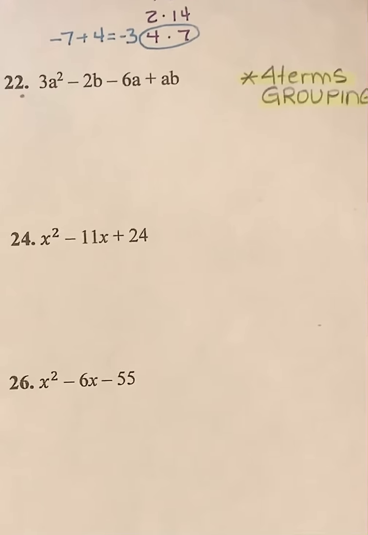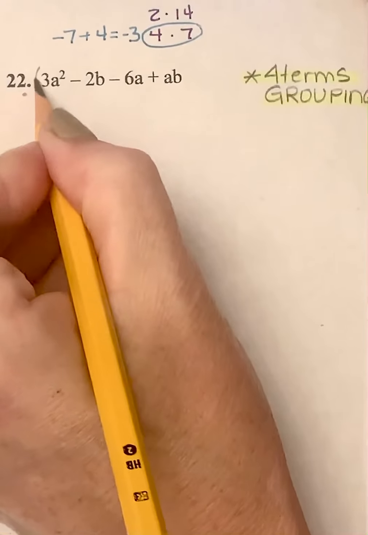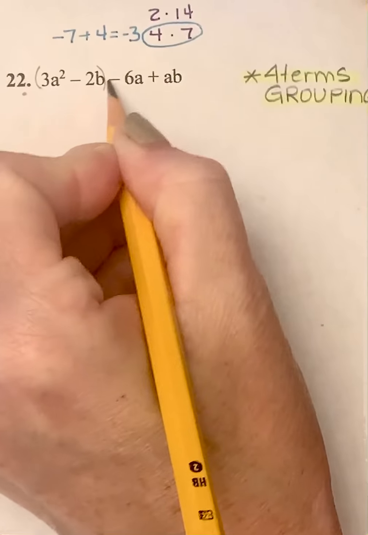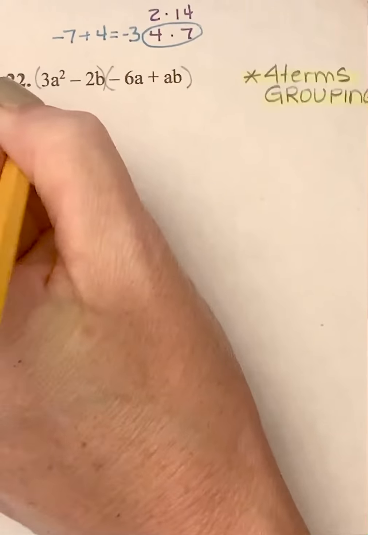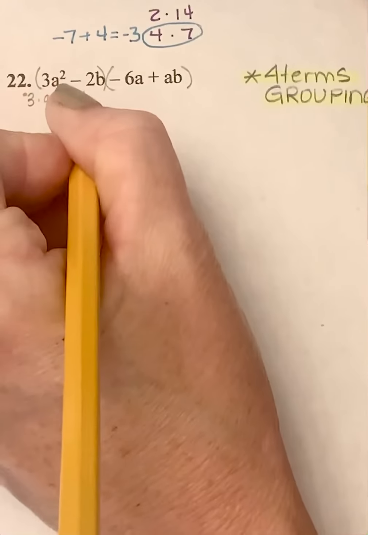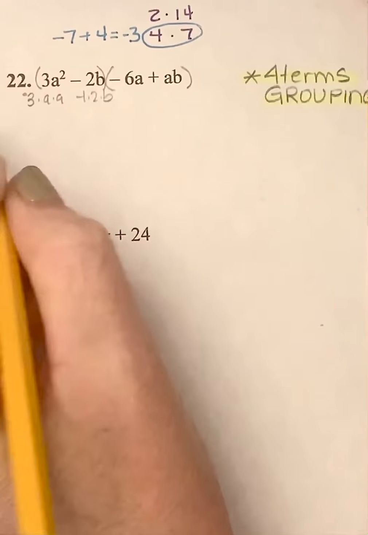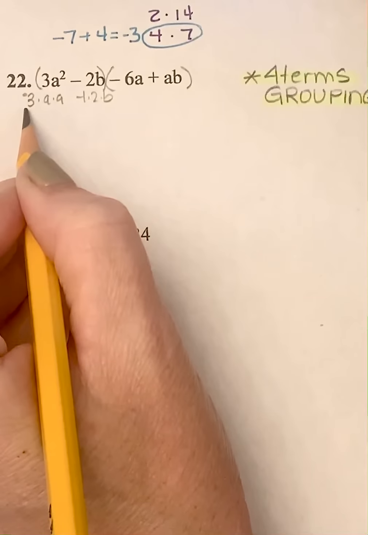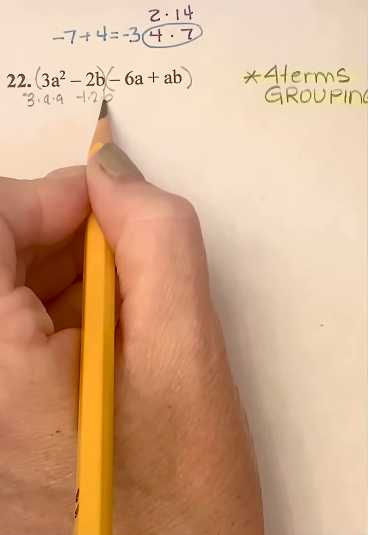When you're using grouping, you group the first 2 terms together and the last 2 terms together. This will be 3 times A times A. This will be a negative 1 times 2 times B. They don't have anything in common.